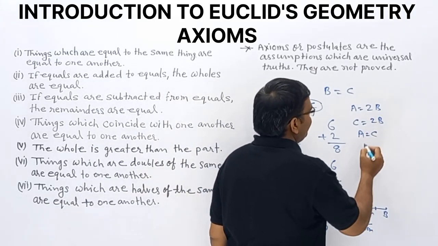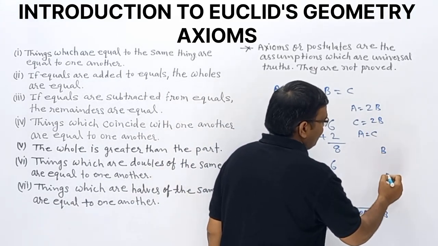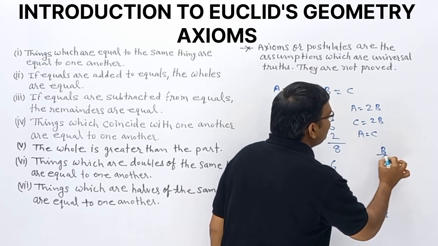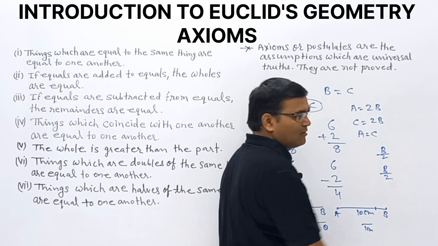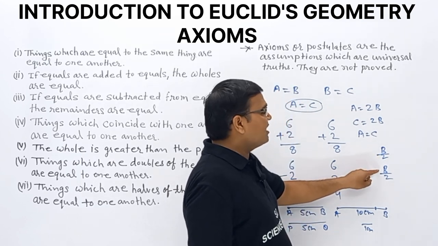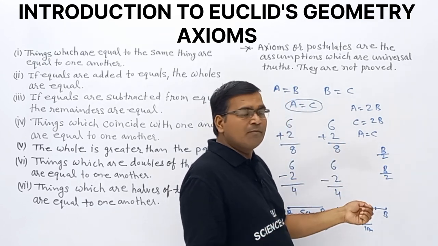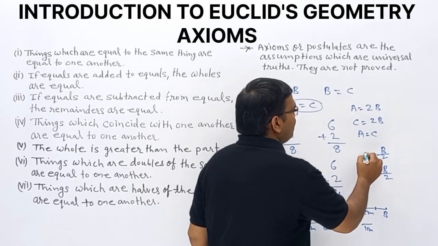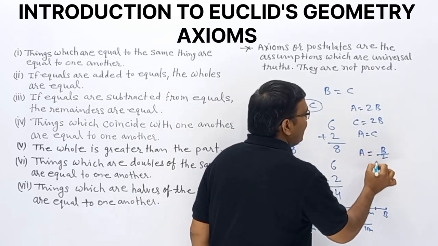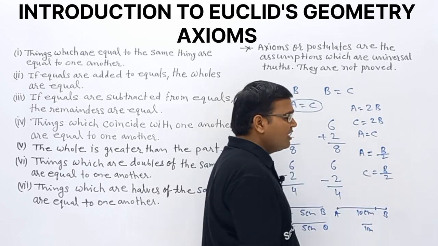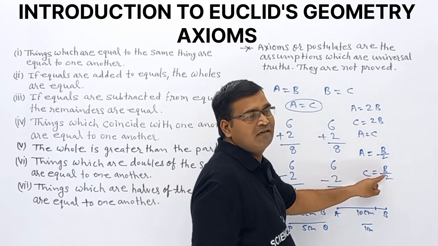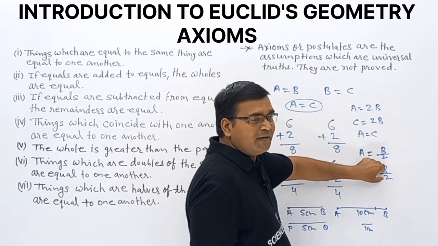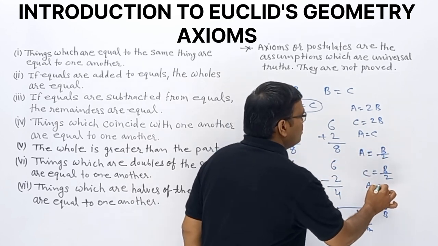Two things we are having, both are the same, and half of both, we get A and C. It means half of this thing will be equal to this one. So we can say A equals C.